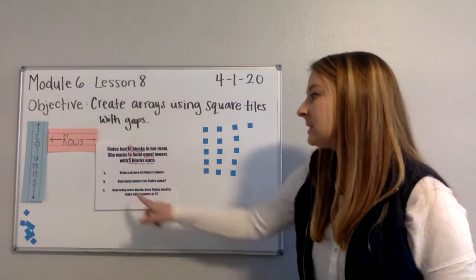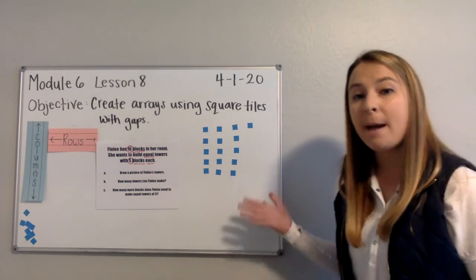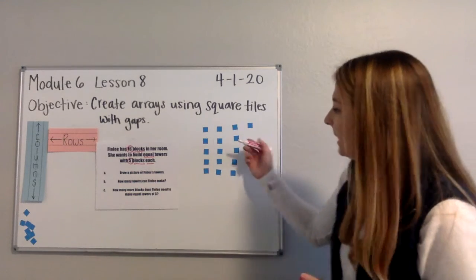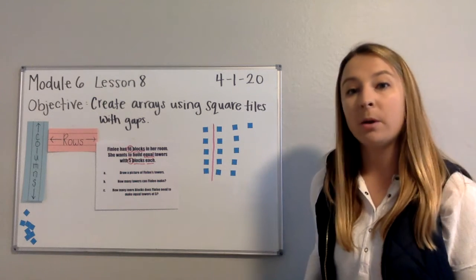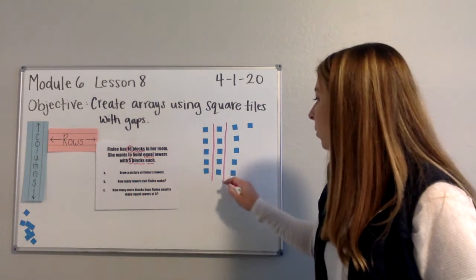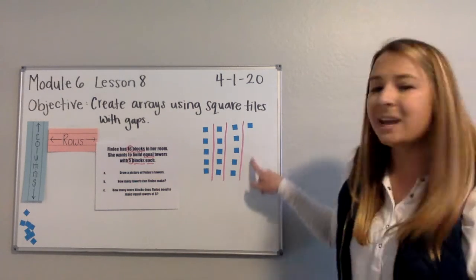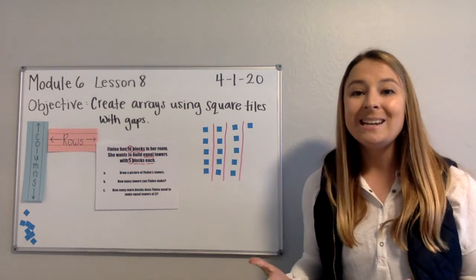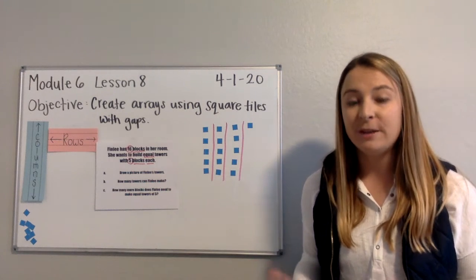Part B says, how many towers can Finlee make? Well, looking at my arrangement, I can separate it into the columns I see. I can see one tower or column there, one tower there, and one tower there. Now, she was able to get started on this one, but she didn't have all 5 that she needed to finish it, so I can't include it as a finished tower.